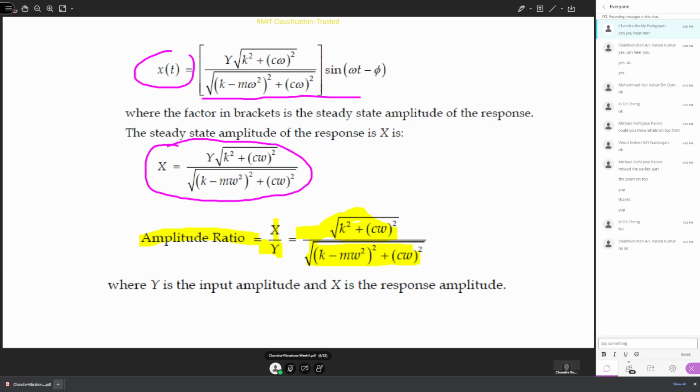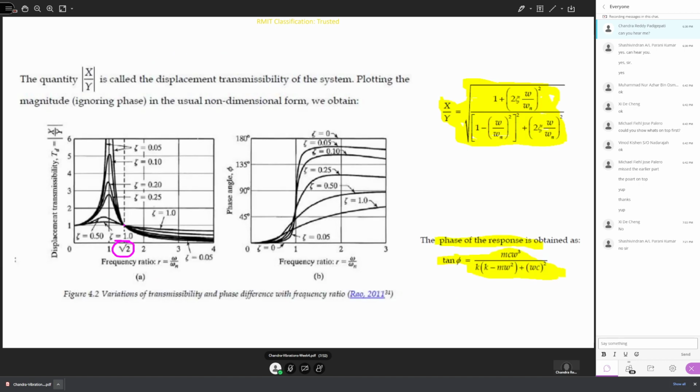But the more important aspect is the amplitude ratio X over Y. X is the vibratory system magnitude, Y is the magnitude of the base. The ratio we can write by this expression, and this expression is identically equal to this one. Both are the same.